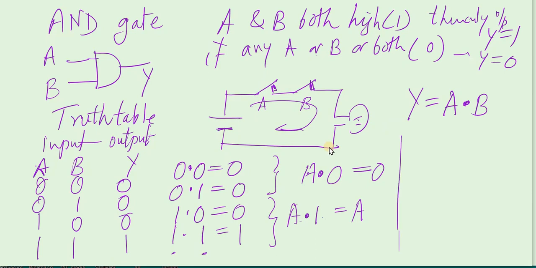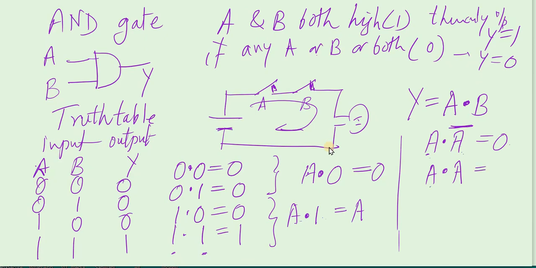Okay. Now consider A dot A bar. If A is 0, A bar is 1, so 0 dot 1, the output is 0. If A is 1, A bar is 0, so again 0. So A dot A bar is always 0. Now, what will be A dot A?